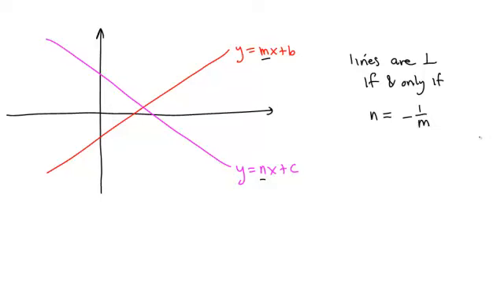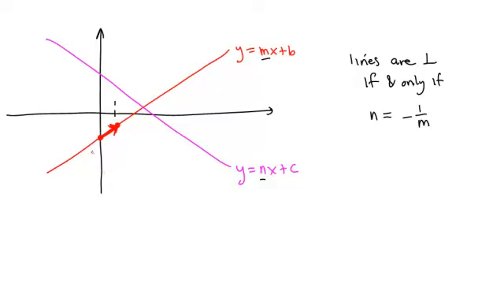Well, maybe the easiest way to show you why this is true is to use vectors. So let me put a single tick mark right here at 1 unit. I'm going to identify a vector on this first line. Let me start here where it crosses the y-axis, and I'll go 1 unit over, and look at this arrow right here. So this is a vector that I'm pulling off of this first line.